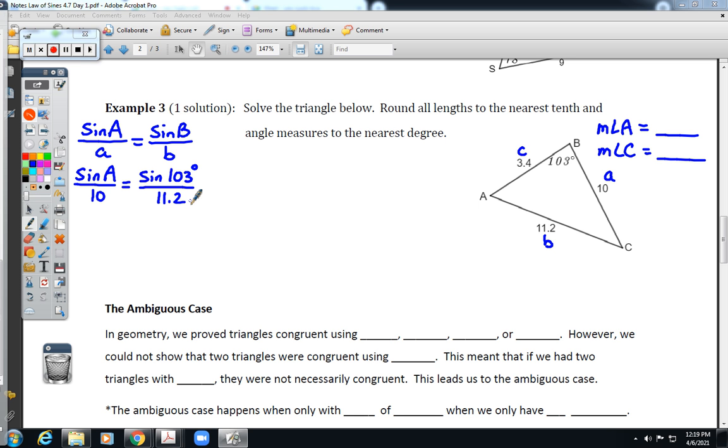Cross multiply. So we have 11.2 times the sine of angle A equals 10 times the sine of 103.